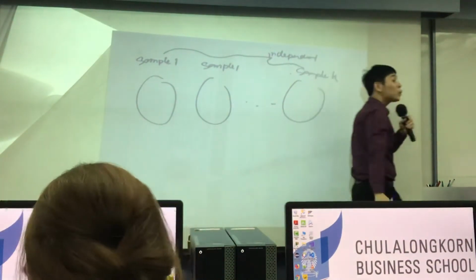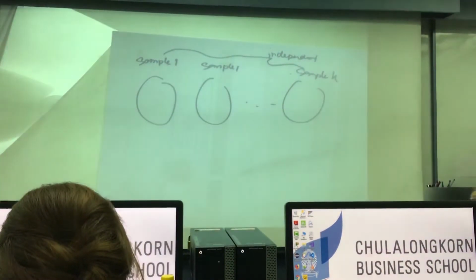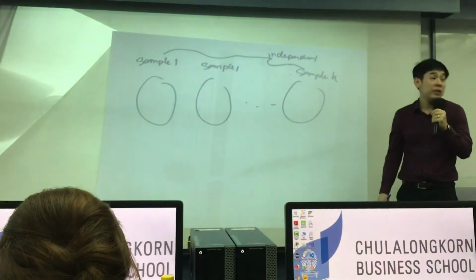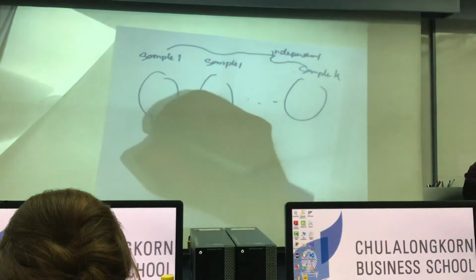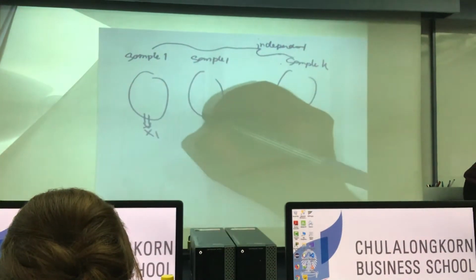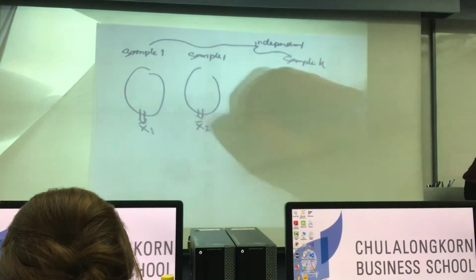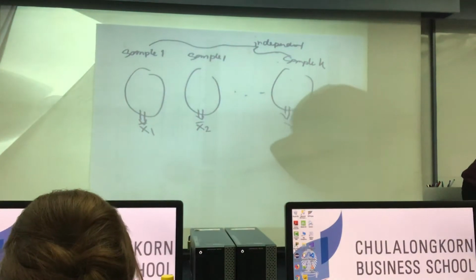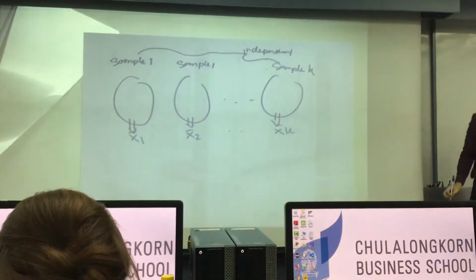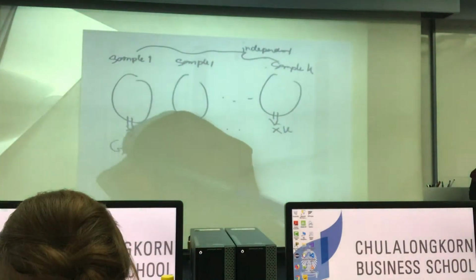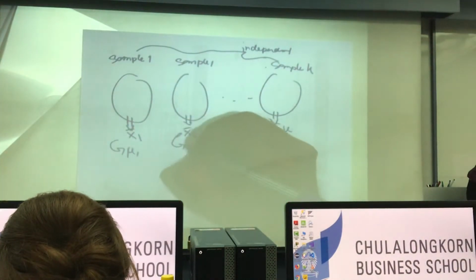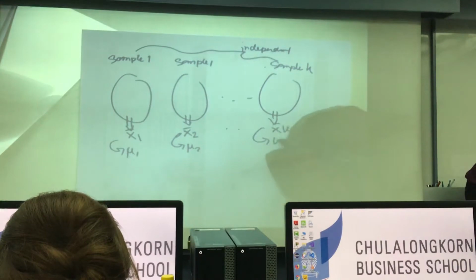They are all independent, and they are all quantitative data. At the end, sample 1 you summarize to X bar 1, sample 2 to X bar 2, up to X bar K. And since each one estimates mean 1, mean 2, up to mean K.